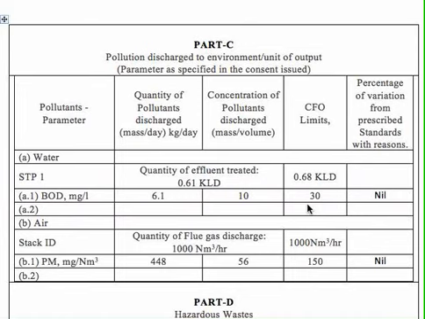As soon as you come across this variation, you should have filed an accident report to the pollution control board. There is a format, and in the format you should have reported the incident with the reasons and the CAPA, that is corrective and preventive action, that you have taken. Those things have to be reported here. With this, this particular part C will be complete.